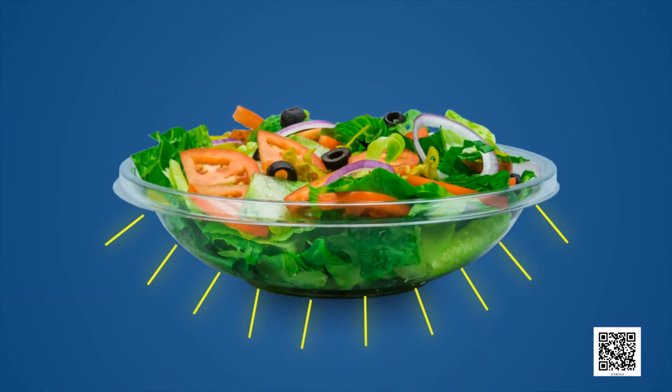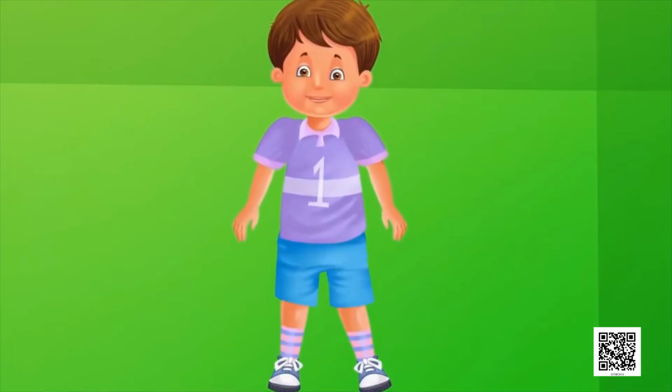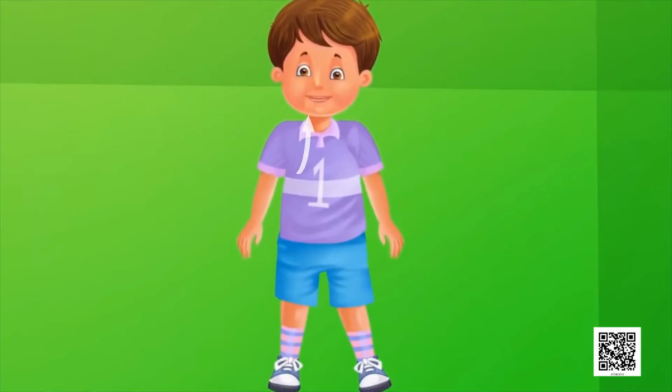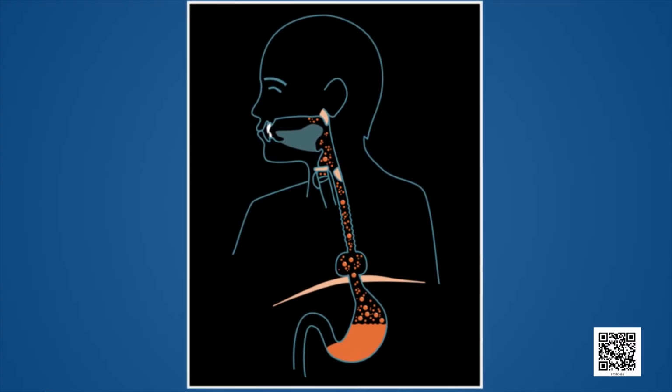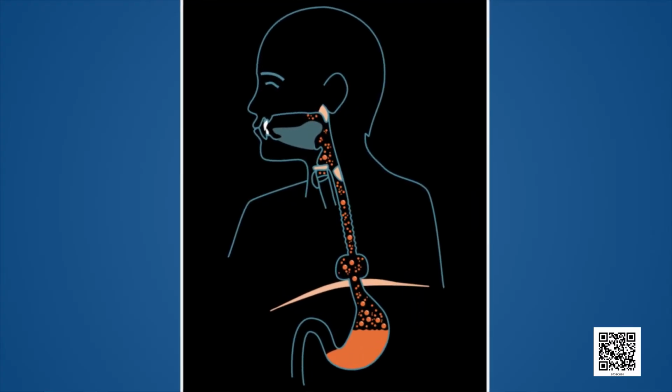The energy stored in food is released during respiration. Therefore, all living organisms need to respire to get energy. During breathing, we breathe in air. We all know that air contains oxygen. In the cells, this oxygen helps in the breakdown of food.